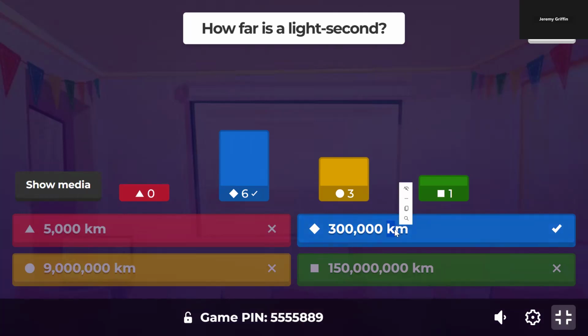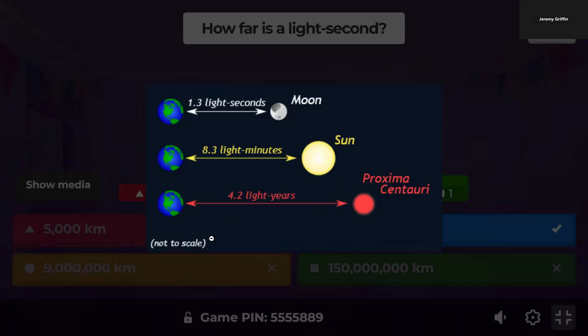What's kilo? Kilo is a factor of what? 1,000. So could that be 3 × 10⁸ meters? If that happens in 1 second, you'd have to travel at 3 × 10⁸ meters per second to travel that distance. Guys, if you ever see anything like light second, light years, that's referring to a distance. It's how far light travels in that interval of time. So for 1 second, it'd be 3 × 10⁸ meters.